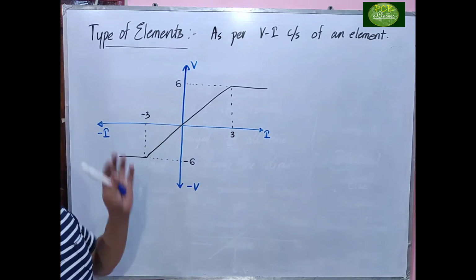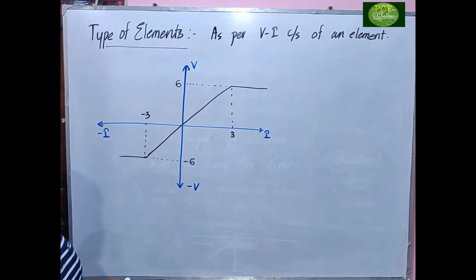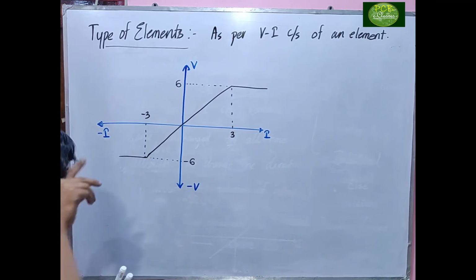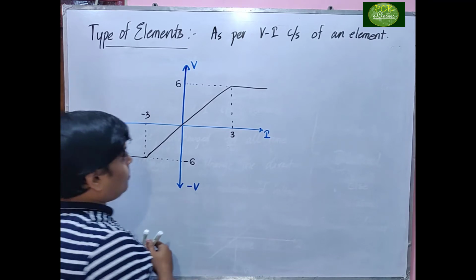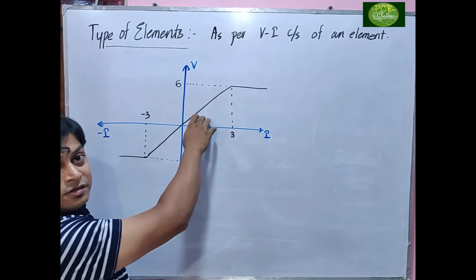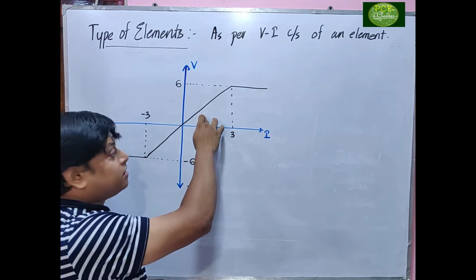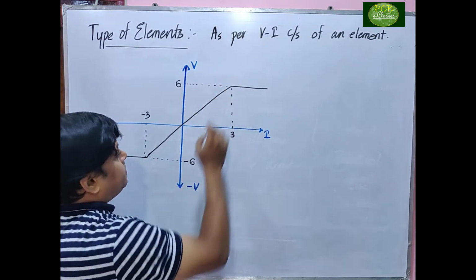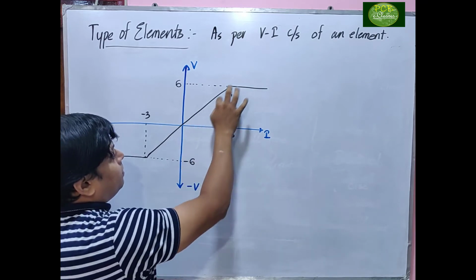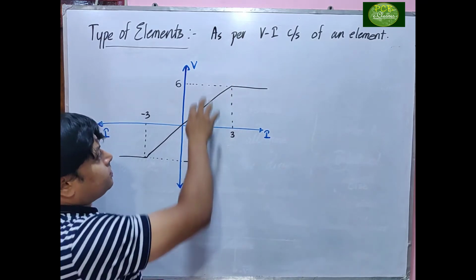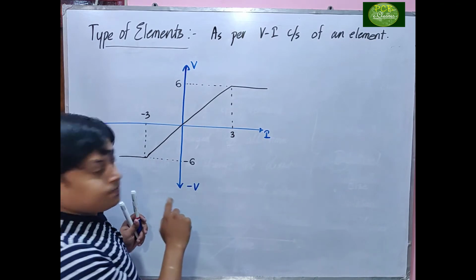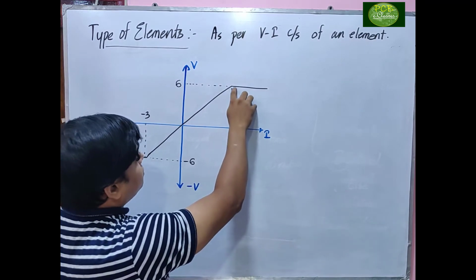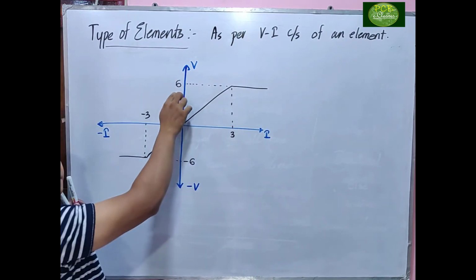This type of characteristic is given. First, we'll see whether it is unilateral or bilateral. See here, the characteristic. What is the slope of it? 6 by 3, it is 2. After 3, it is constant at 6.